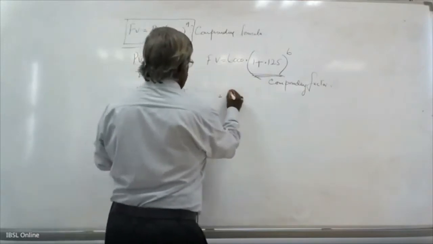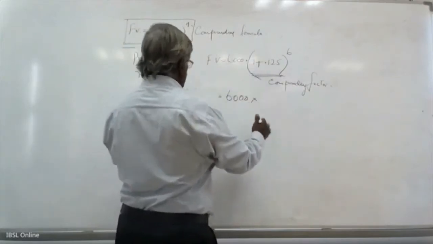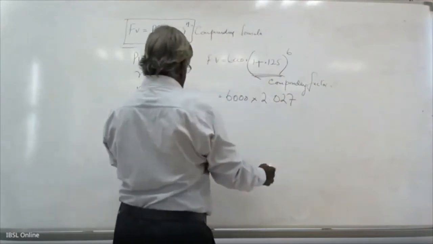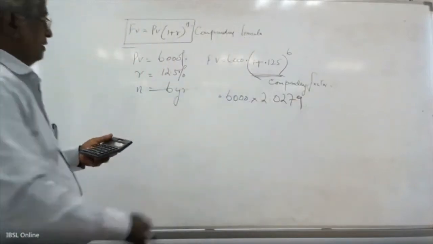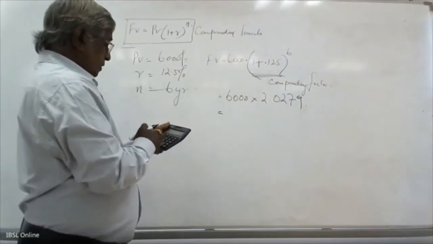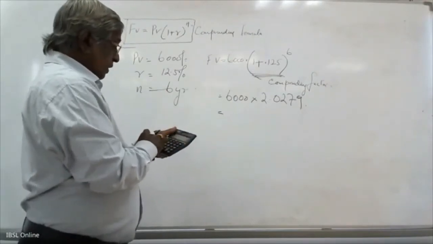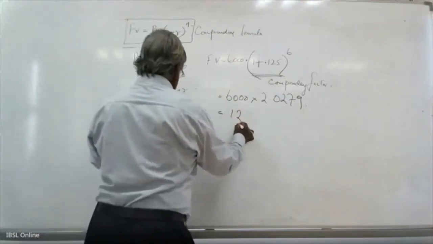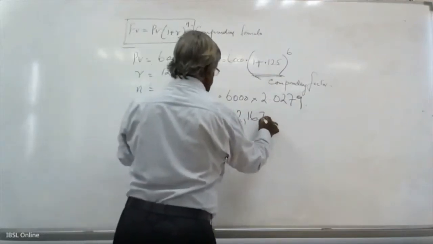So it's equal to 6,000 into the compounding factor for that, 2.027, round up 9, 2.0279, into 6,000, which is 12,016.7.